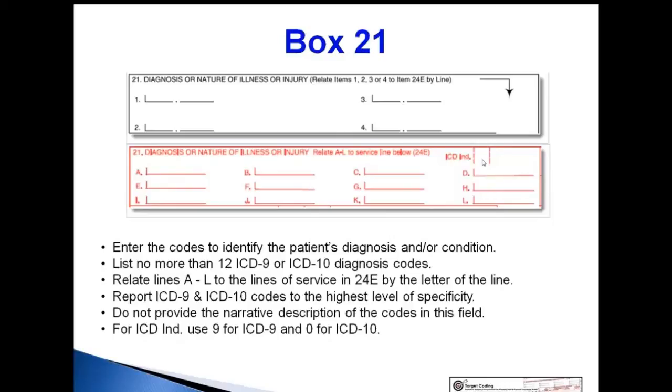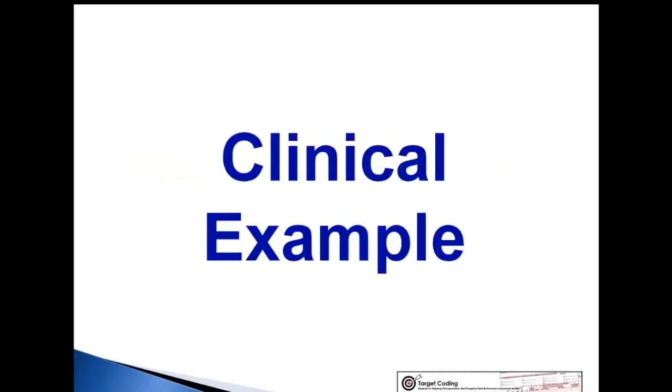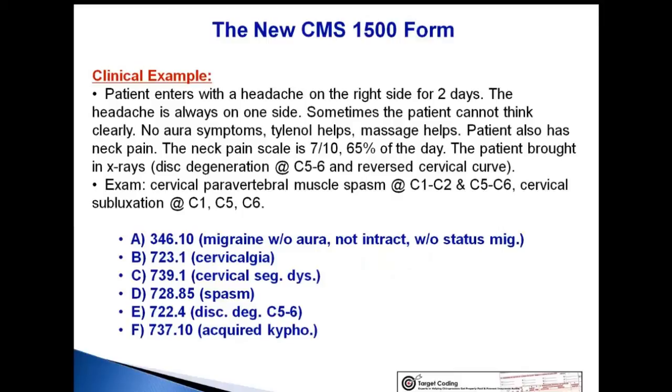You're going to put the number 0 in there next year, not now. So right now, you're going to use the number 9 and ICD-9 codes. This is a big change. This is huge. So what I've done is put together one clinical example so you could see how this is going to change.